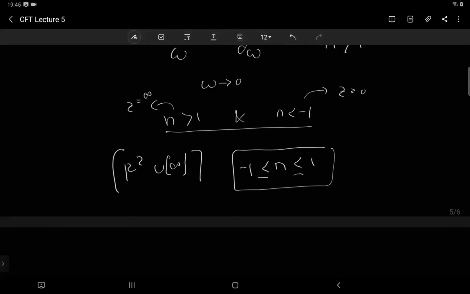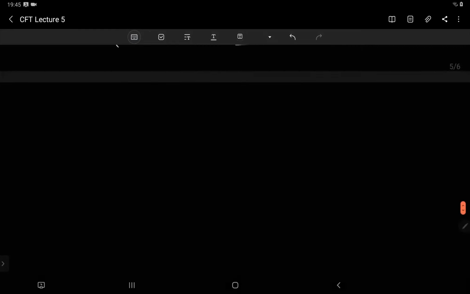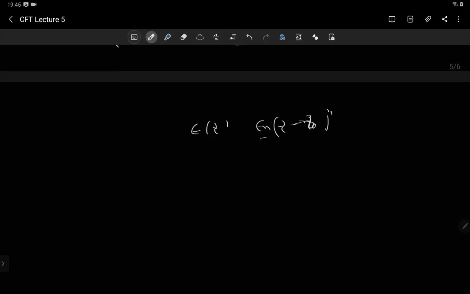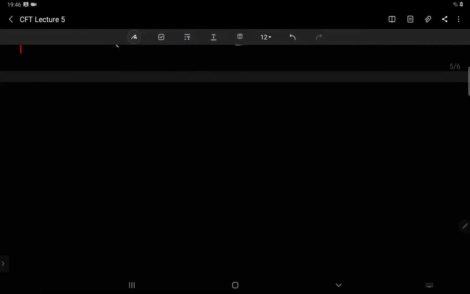If you define it around any other point, then epsilon z has to be written as z minus z naught to the power n, because when you expand it around a certain point z0, the same thing will happen: for n less than -1, it will not be well defined at z equal to z0, and n greater than 1 won't be well defined at z equal to infinity. So n less than -1 and n greater than 1 are always problematic. Yes. Okay, fine.